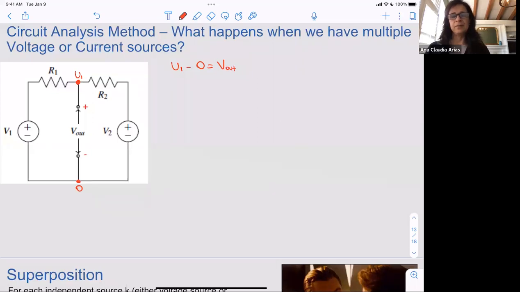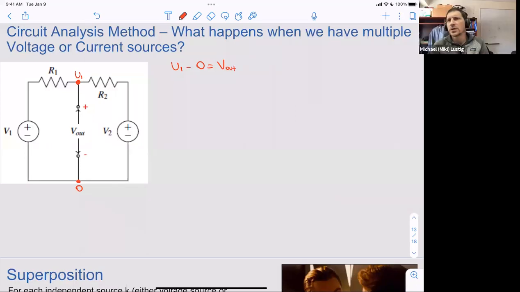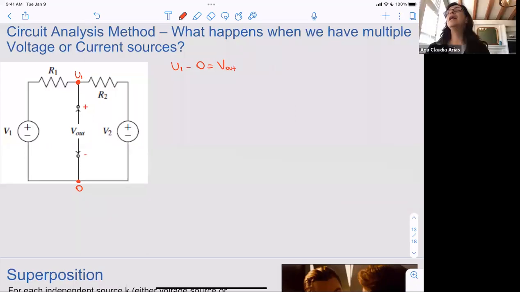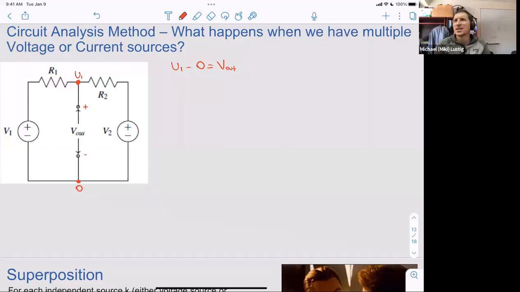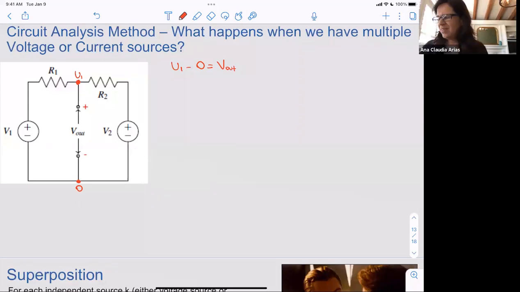Yes, everybody sees it. Very good. If you don't see this, you say, okay, I'll do KCL or KVL, and you will find the potential between these two nodes is equal to V out. So I will write here or later that U1 equals V out.